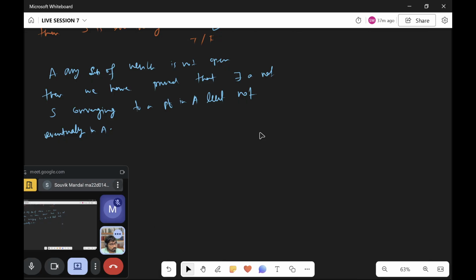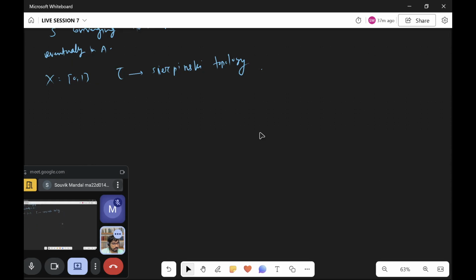So for a specific example you can take X equal to the set {0,1} and tau the Sierpinski topology, that is phi, {0}, and X. Now take the constant sequence Sn equal to 0.